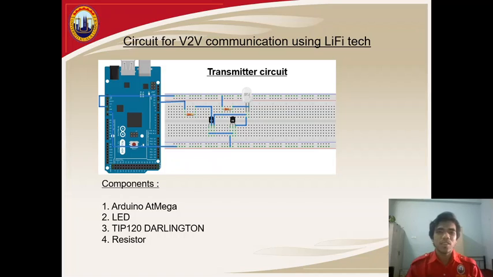Okay, so this is my circuit for the transmitter and also the components of it that I just explained. For the transmitter circuit I do use something special, which is the TIP120 Darlington as my transistor.